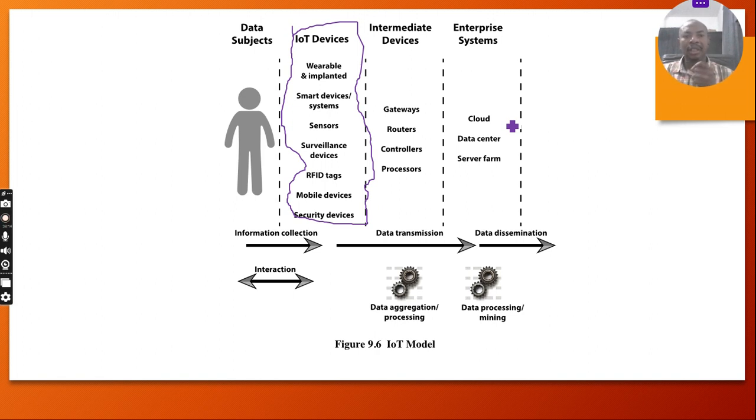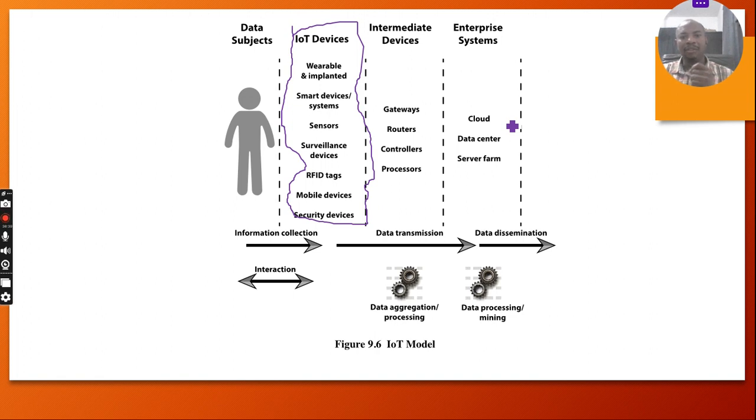Then the sensors, the Internet of Things. The surveillance systems, the security cameras, anything that provides surveillance, these are Internet of Things. The RFID tags, mobile devices, your mobile phone, your smartphones, they are all Internet of Things. The security devices are Internet of Things. Then the intermediate devices in the Internet of Things architecture, we look at the gateways.